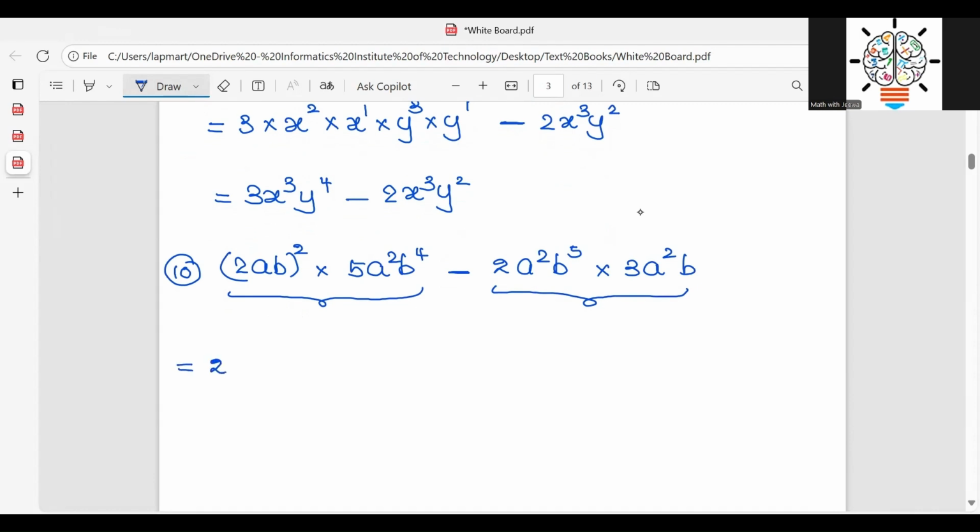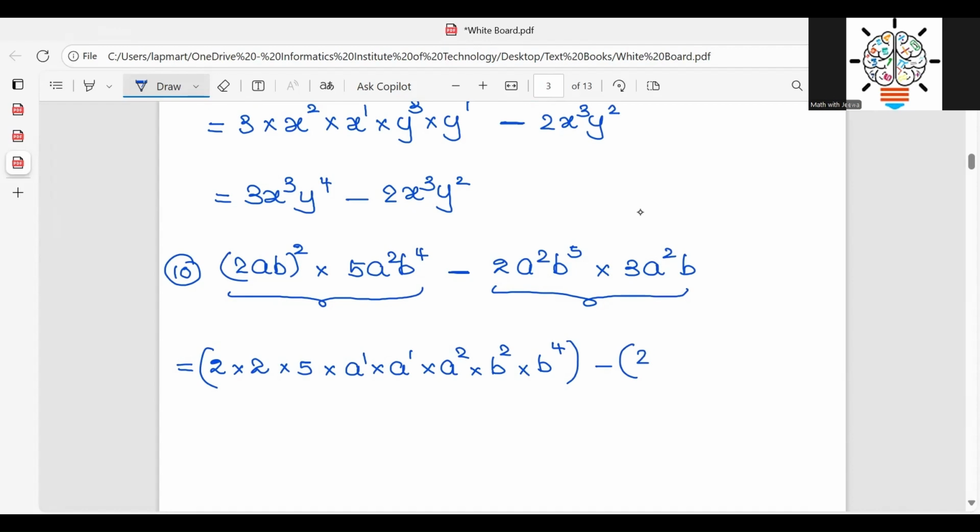So here we have 2 times 2. From where did I get that 2 times 2? 2ab times 2ab. No? So then I have 5. And then a times a times a to the power 2, b to the power 2, and b to the power of 4. That is one portion.